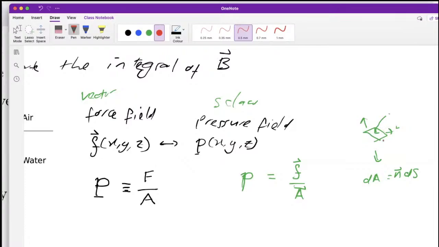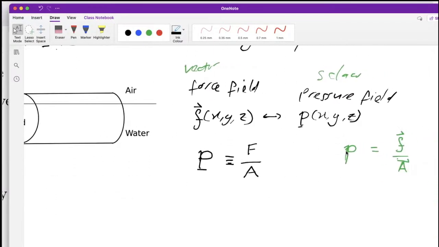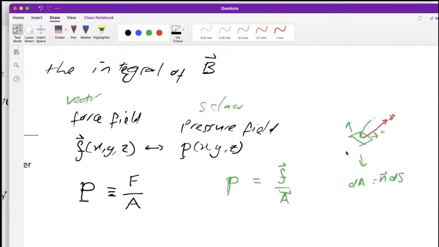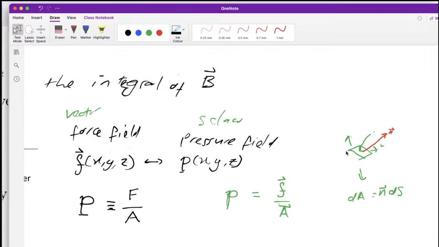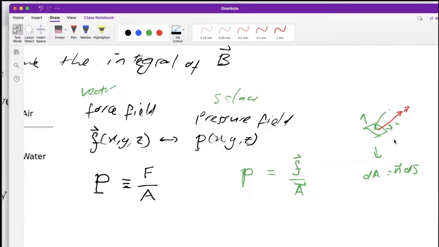I'm going to define n as being positive to, okay. This is where I have to relate to the object here. So if it's pointing from the surface towards water, then this is a positive n. Okay, so that's how I define n.